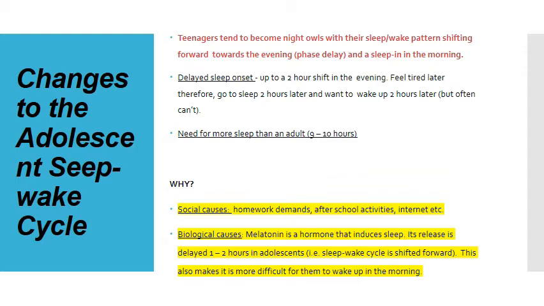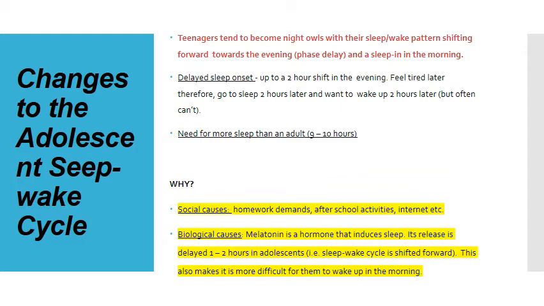There are two reasons for this. I'm going to address the biological causes first, and that's generally the easiest one to talk about. Now, we know that melatonin is a hormone that induces sleep. And we know that when it is secreted, you feel tired and then you go to bed. In adolescence, its secretion is actually delayed up to 2 hours. And so what that means is that melatonin is secreted up to 2 hours later.